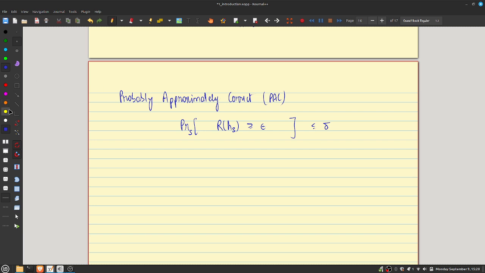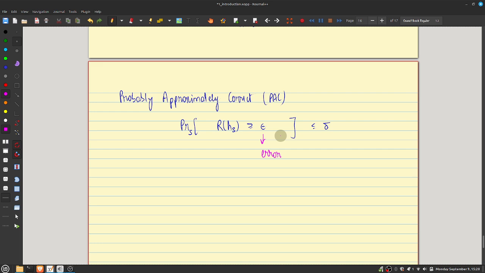This is sometimes called the error. Let's suppose that I define it in this particular way. So now there's no randomness involved anymore.